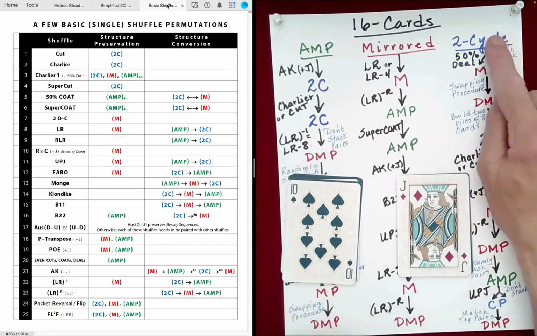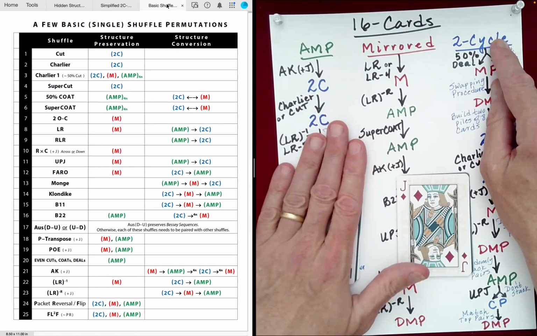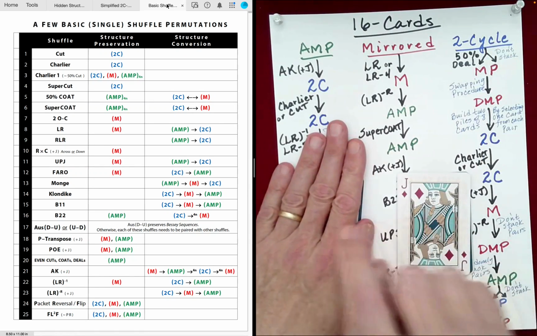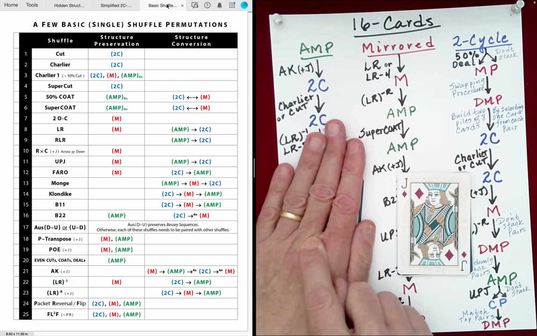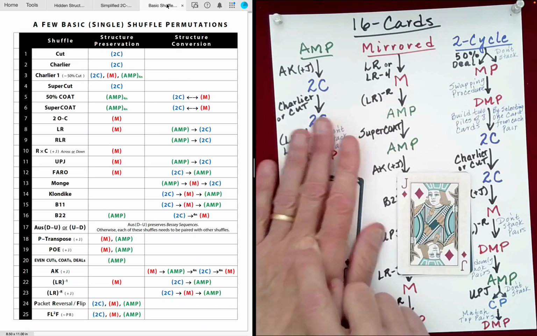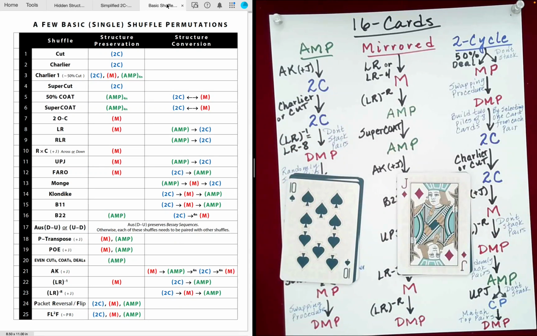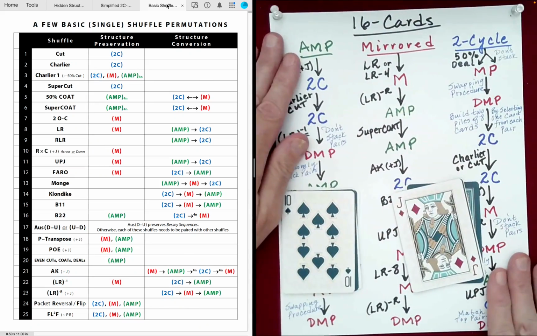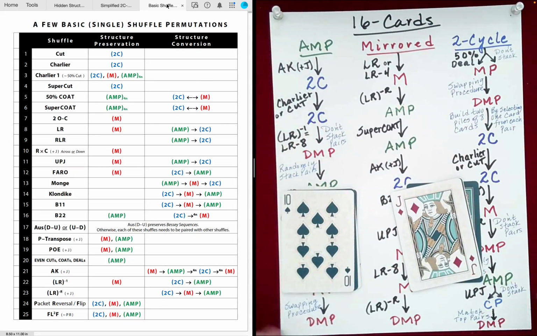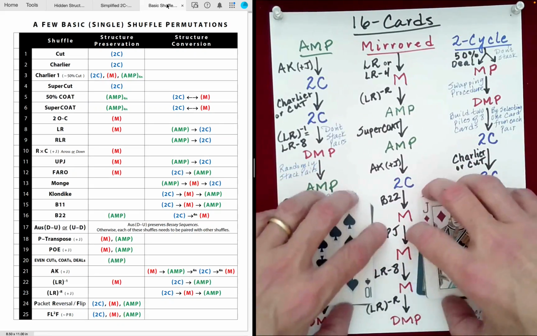Well, it was a 2-cycle. If you count out half of them, and then if we were to stack this on top, that would make this a mirrored packet. Well, if you have a mirrored packet and you just split it in half, top 8 cards versus the bottom 8 cards, these become, quote, mirrored piles. That's something we've covered in quite a bit of detail in previous videos in this series.